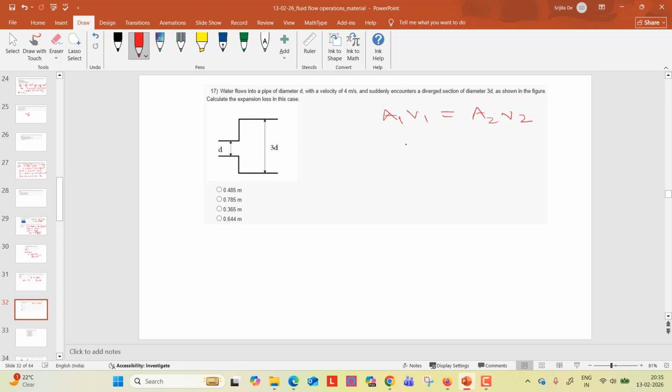A1 is pi d squared by 4 into 4 equals pi 9d squared by 4 into V2.